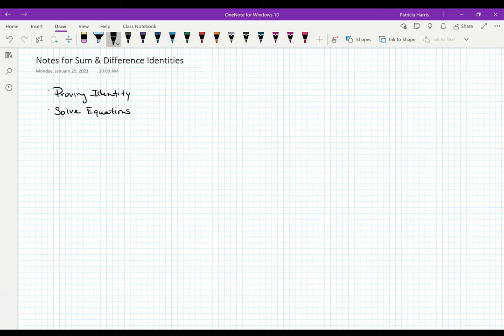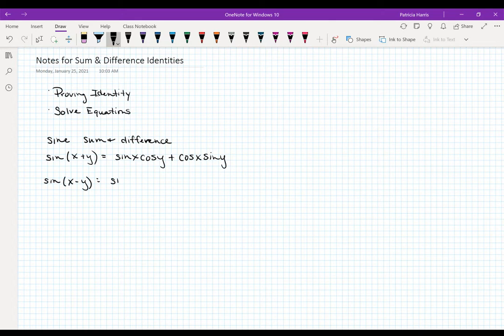Okay, so let's start with the sine. All right, so here we go. Okay, there's the sum identity, and here's the difference identity.